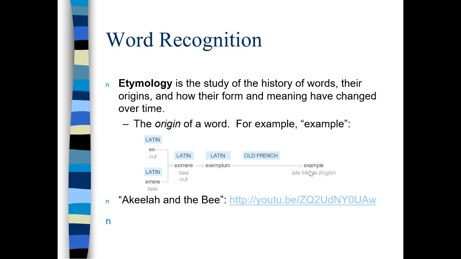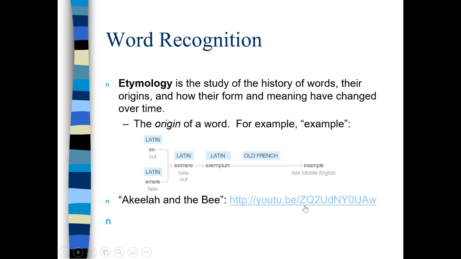I'm not going to show you specifically this clip from the movie Akeelah and the Bee, but I've linked to it here. It is an adorable movie about a young girl who decides she wants to participate in a spelling bee. And this particular scene, or a couple of scenes from the movie, are her, Akeelah, and her coach, who is helping her study for the spelling bee, and he's teaching her how you break big words up into their smaller parts to not only be able to spell them better, but to also identify meaning within the words.